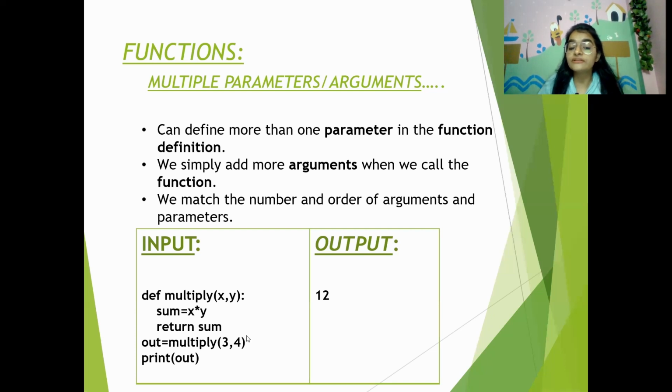It's not going to return 3 plus 4, it's going to return 3 into 4, because the operator I have used with x and y is multiply. So 3 into 4 equals 12, and that value returned by the definition gets stored in the out value, and then it prints the output. The output gets printed as 12, right? We'll get a clearer idea when we perform this example in Atom.